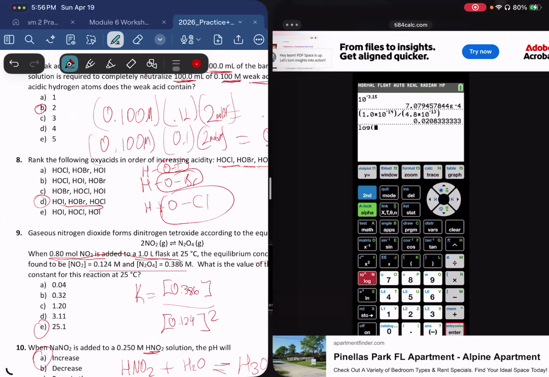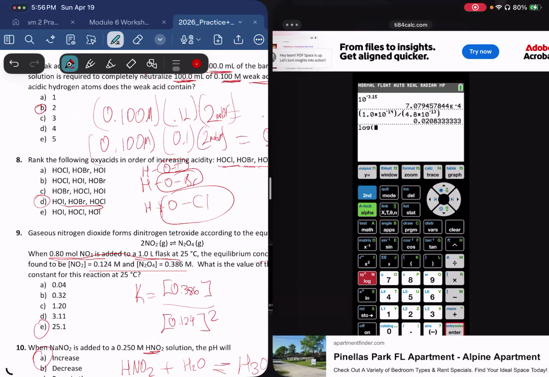And then C just doesn't make sense because this is equilibrium, so it's supposed to be equal. And then D is saying HOCl has a larger Ka value, which implies that it's a stronger acid. And we see here that it's not acting like that, because there's just more reactants than products.